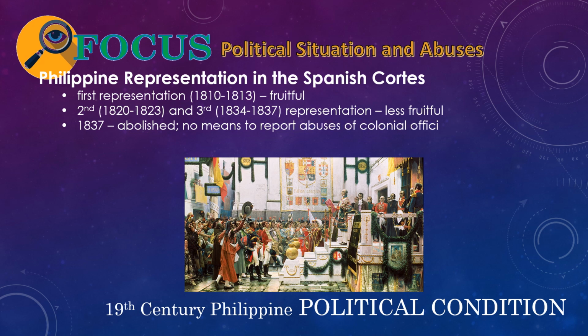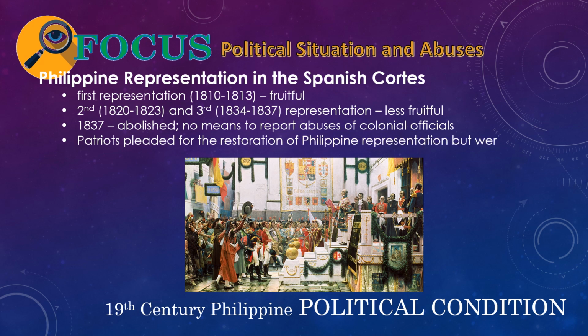Since then, Philippine conditions worsened because there was no means by which the Filipino people could expose the anomalies perpetrated by the colonial officials. Many Filipino patriots valiantly pleaded for the restoration of the Philippine representation in the Cortes.